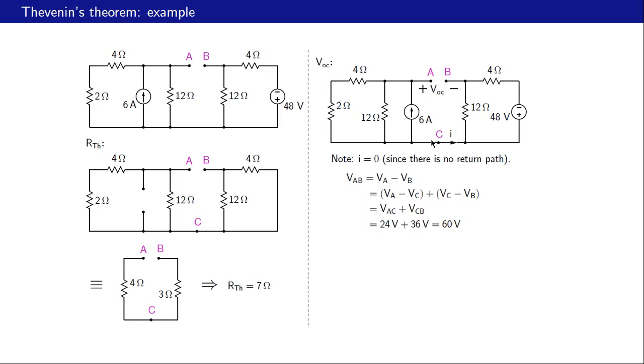So altogether between A and B we have 24 volts plus 36 volts, and that comes to 60 volts. So that is our open circuit voltage, and that is the same as VTH. So we have VTH equal to 60 volts, RTH equal to 7 ohms, and our Thevenin equivalent circuit therefore looks like this.